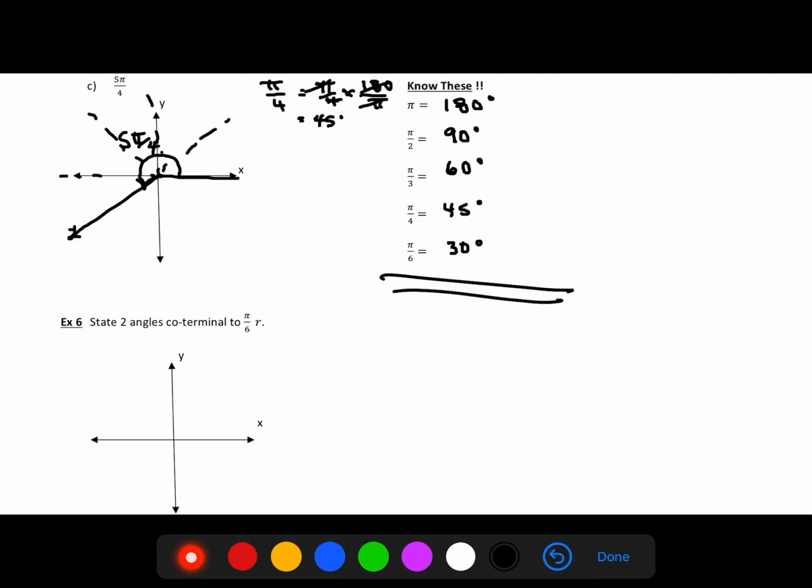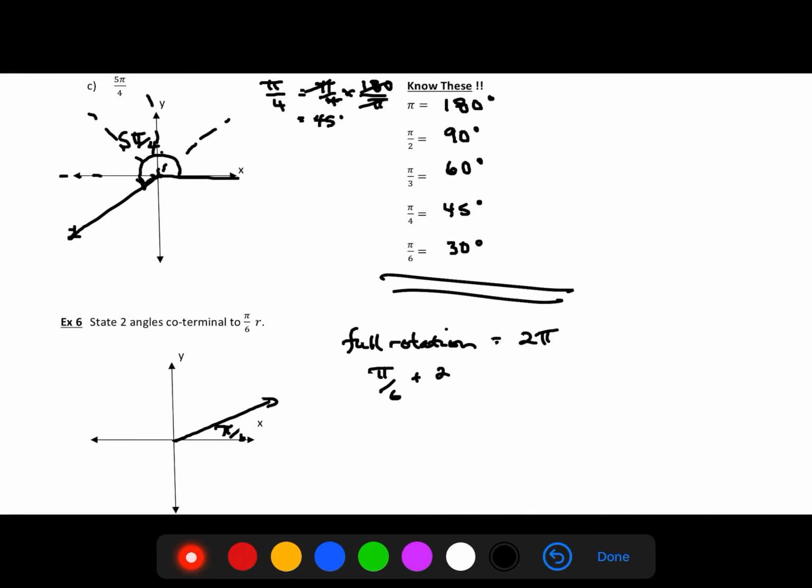So, two angles coterminal to pi over 6. We know that our pi over 6 angle is equal to 30 degrees. When we talked about coterminal, we know that it's one full rotation. So we can find coterminal angles by adding a full rotation. A full rotation in this case, in radians, is equal to 2 pi.